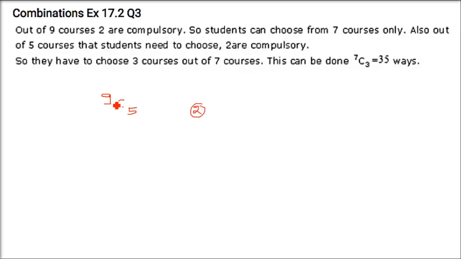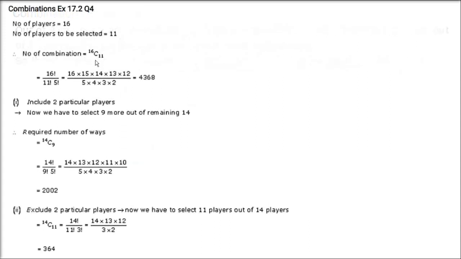That means in 9, 2 are compulsory, so only 7 are the options. And you have to select only 3 because 2 are already compulsory. So 7C3. You subtract 2 from 9 and 2 from 5, and you get 7C3, 35 ways.